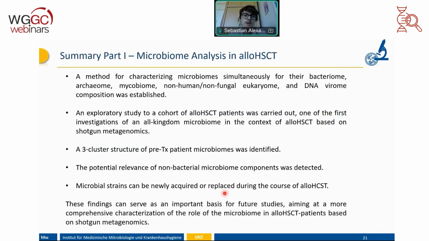So we could develop a method for the characterization of microbiomes simultaneously. We could look at the bacteriome, archaeome, mycobiome, and DNA virome. And this exploratory study of the cohort of allogeneic stem cell transplanted patients showed that our DNA extraction method and our nanopore analysis pipeline worked.